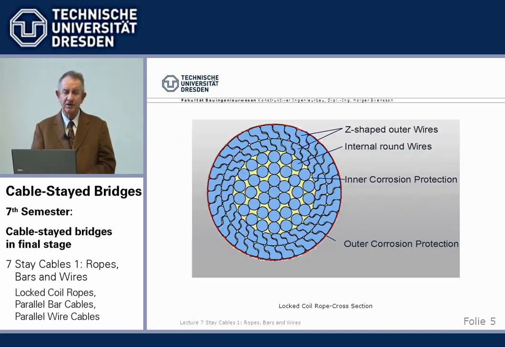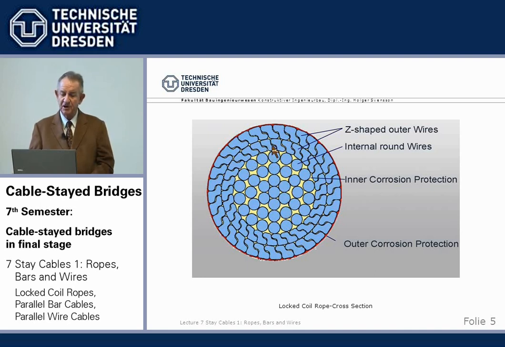We start with lock coil ropes, traditionally used in Germany. They consist of an outer layer of Z-shaped outer wires. Our American friends would say Z-shaped, but we stick to Z for Z. Internally, we have round wires.